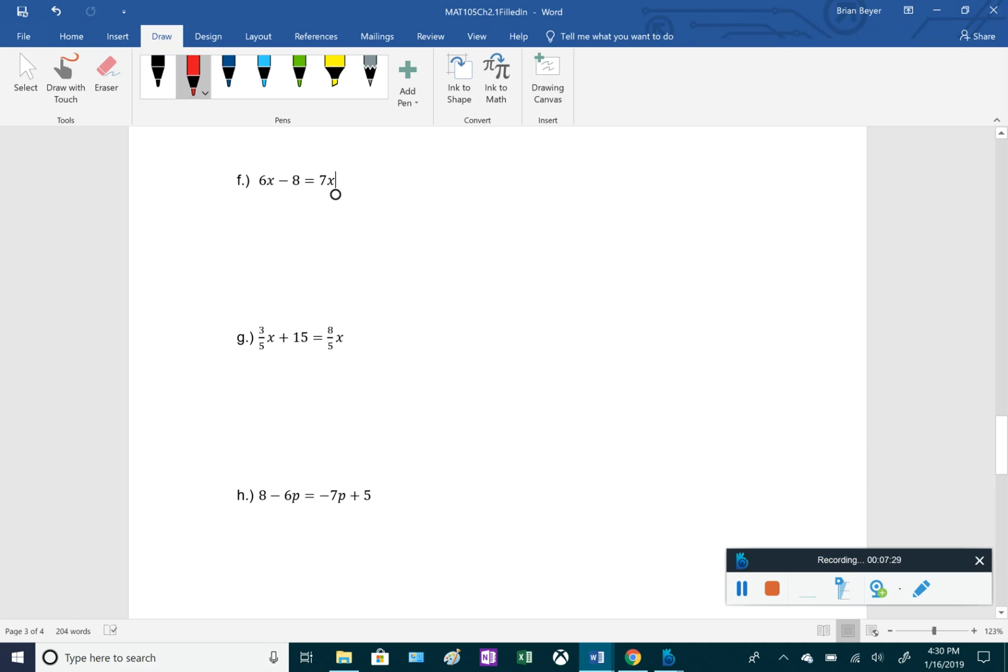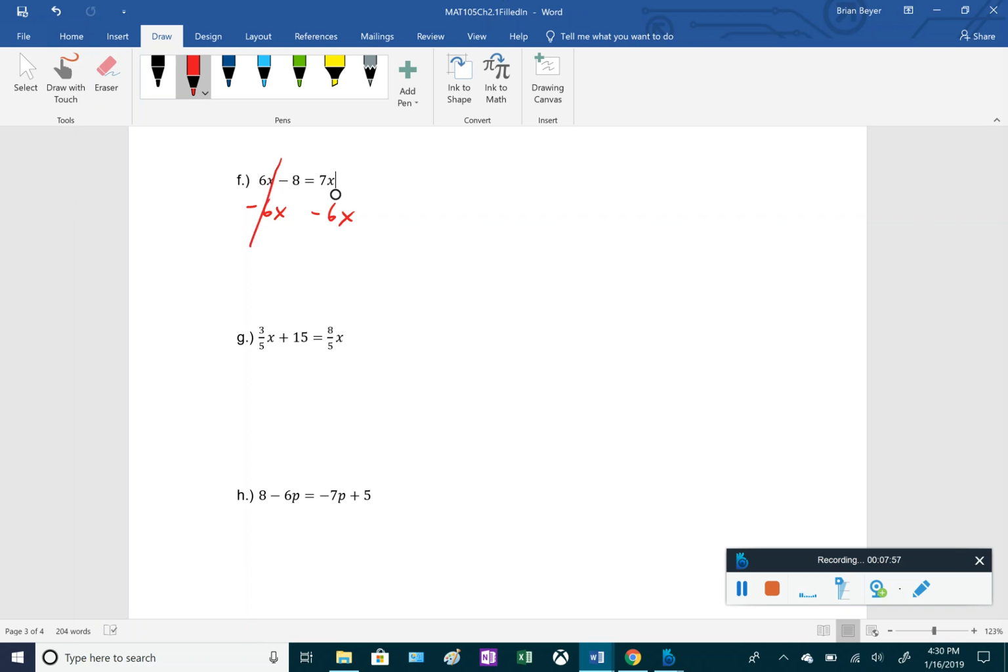So for F, looks a little different. We have 6x minus 8 equals 7x. So we have a variable term on the left as well as a variable term on the right. So in order to get the variable on one side, it's going to be easier if we subtract 6x on both sides.